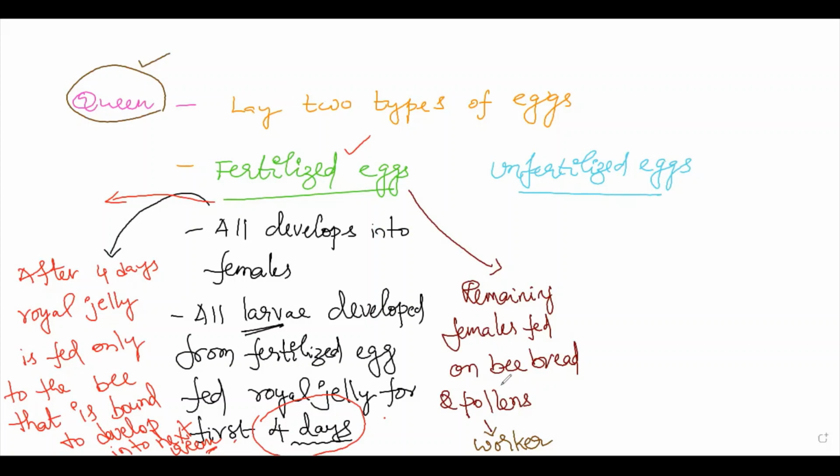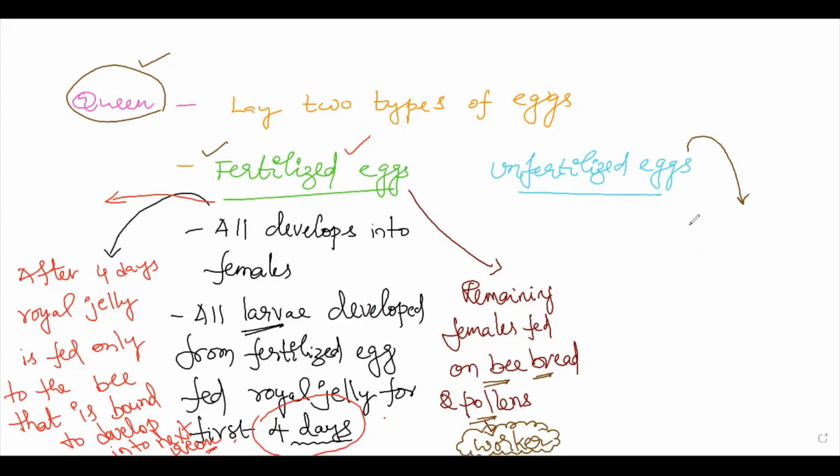The remaining females, fed on bee bread and pollens, become sterile due to less nourishment. So that is about fertilized eggs. Then, the queen also lays unfertilized eggs.